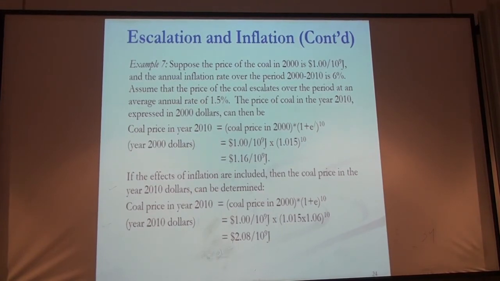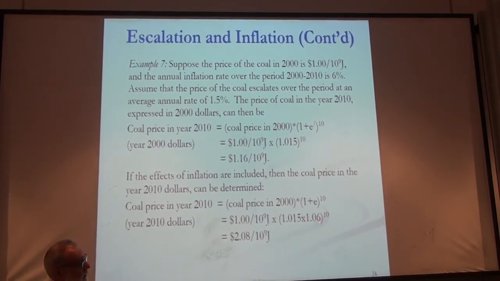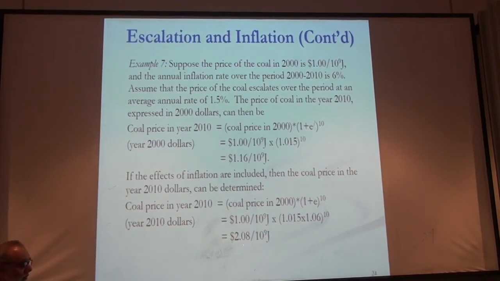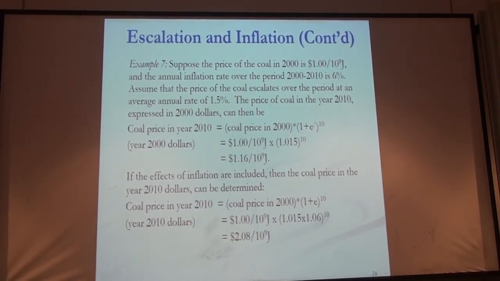However, if we take into account the inflationary effect, then 1.015 is the 1.5% real escalation, and 6% is the inflation. As you can see, these are multiplicative. Multiplying these and raising to the power of 10 years, we have $2.08 per gigajoule.